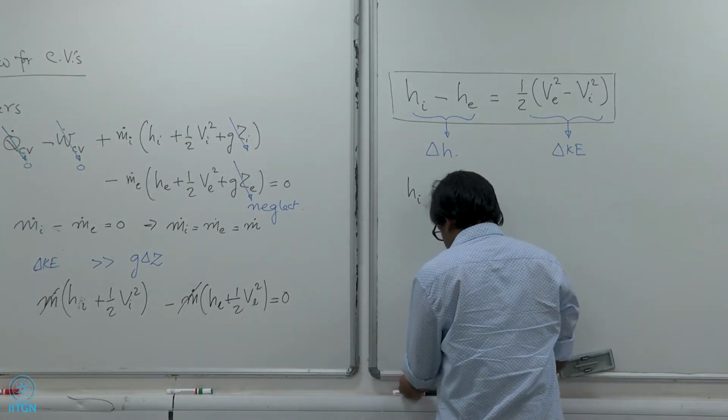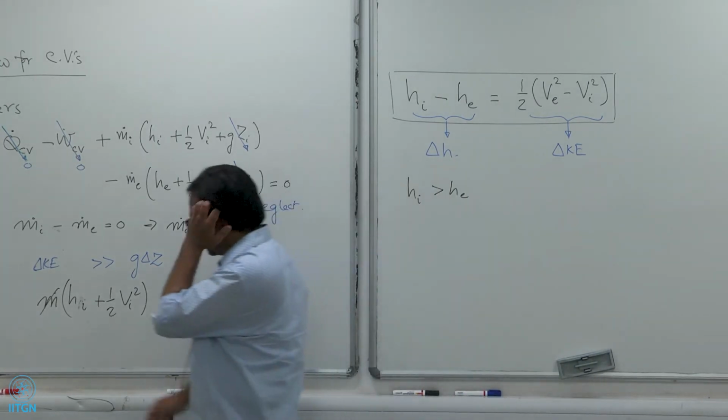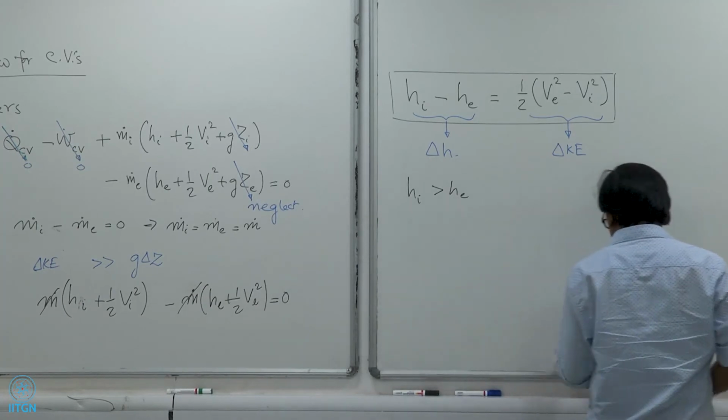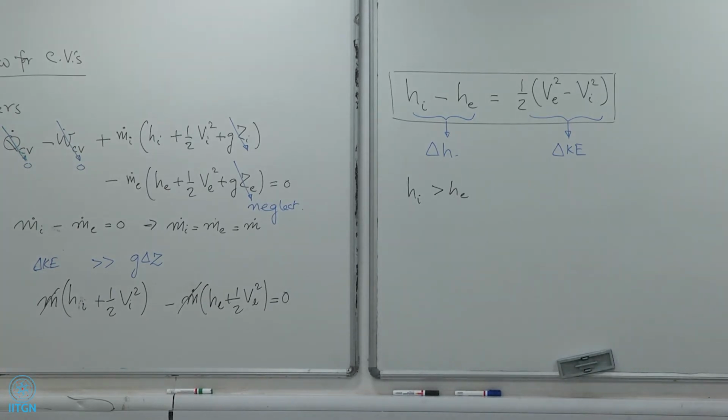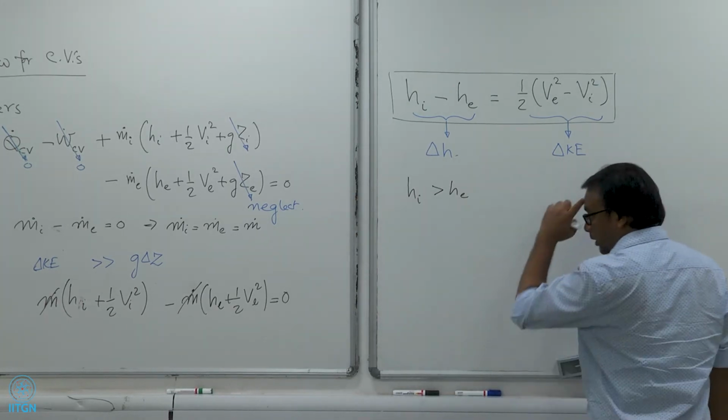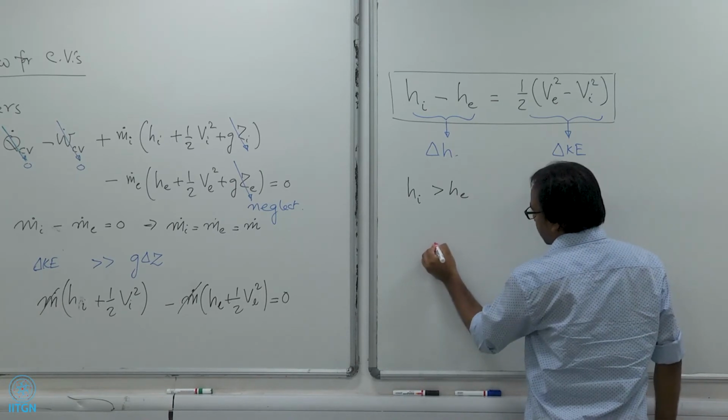Let me take this opportunity to draw a diffuser. A diffuser is the opposite. You have a nozzle which accelerates fluids, and a diffuser is something that decelerates fluids.